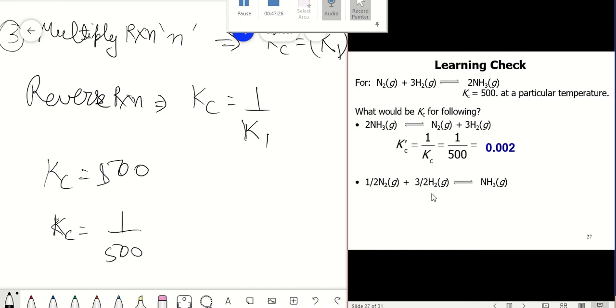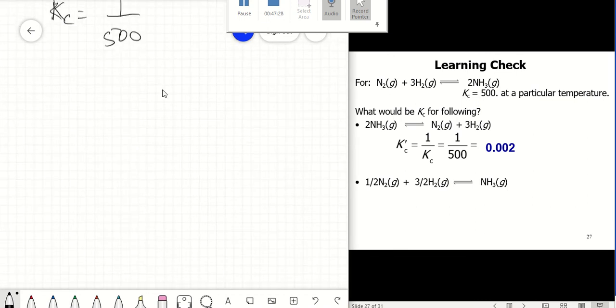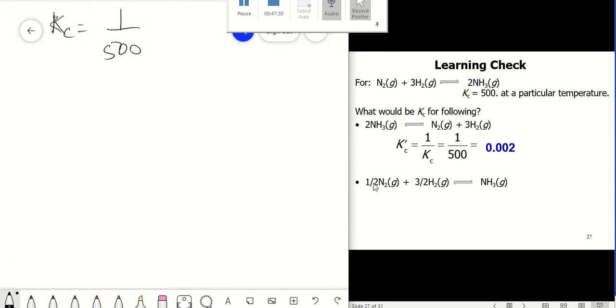Now let's do part number 2. The second question asks, can you figure out the Kc for this reaction? Let's compare our first reaction with this reaction. To get the bottom reaction, we have N2 plus 3/2 H2 changing to ammonia.